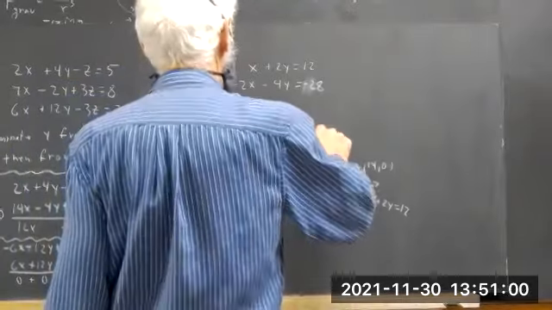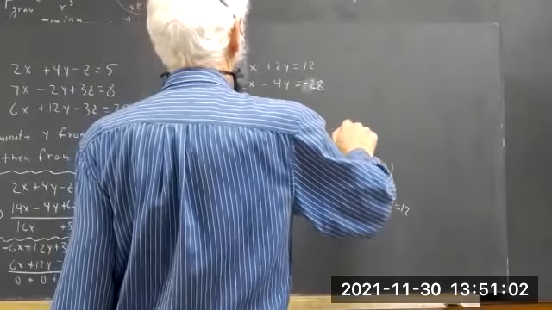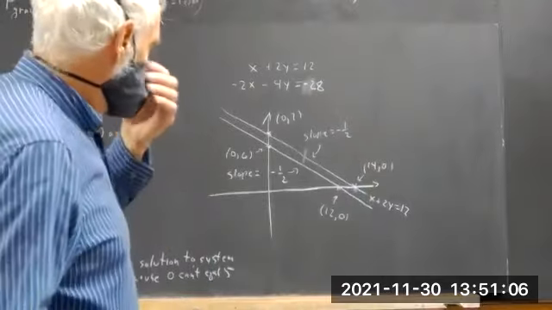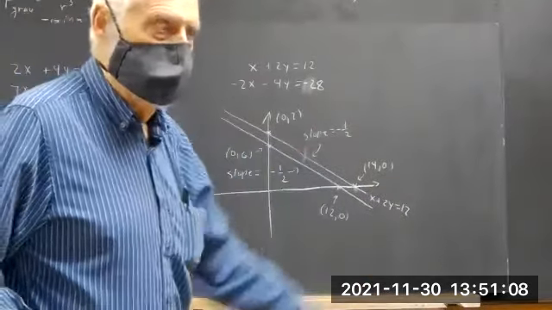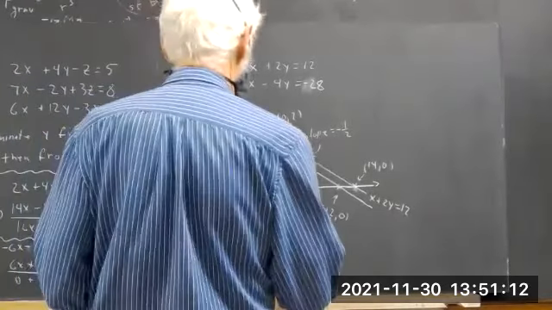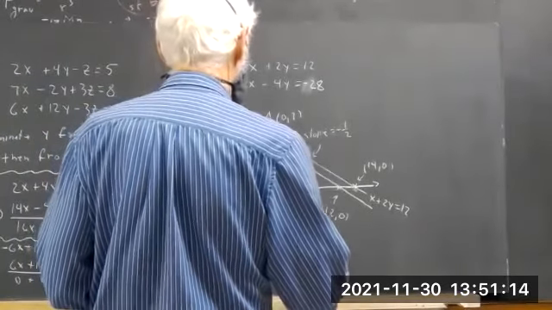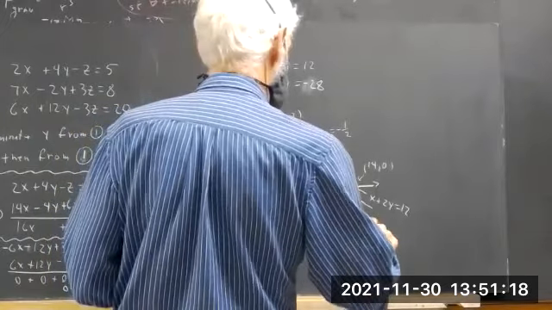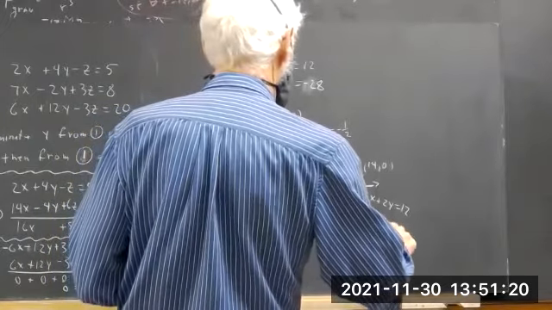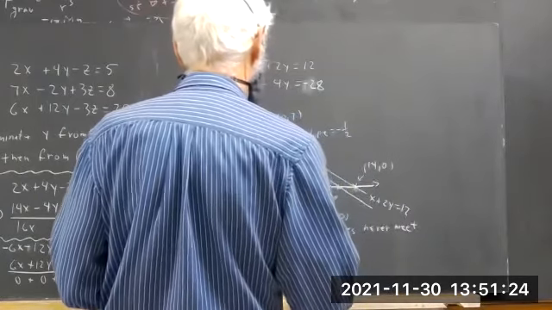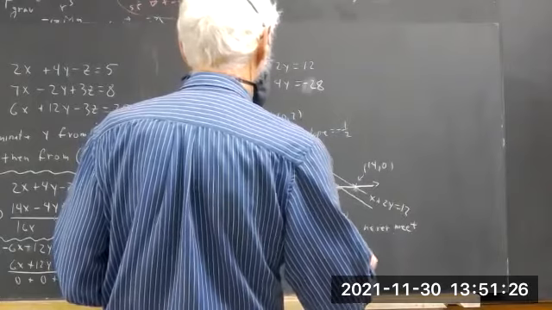So the slope is negative 1/2. This means that the lines are parallel and they never meet. So there's no solution.